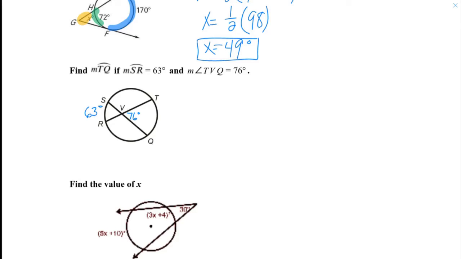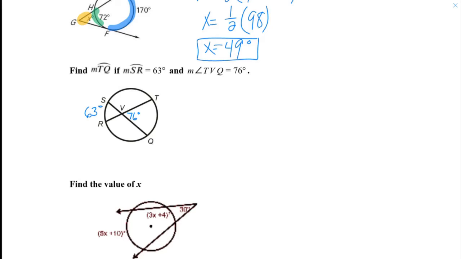So remember with this, you cannot just say that this arc is going to be equal to that or even double that, because this point right here is not the center and is not a point on the circle. So we're not talking about central angles or inscribed angles. We have some other angle that's inside of our circle. So with this, we need to use the fact that the measure of that angle is going to be equal to half the sum of the arc and the intercepted arc opposite that.